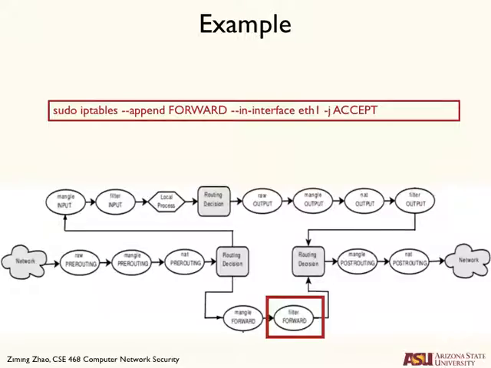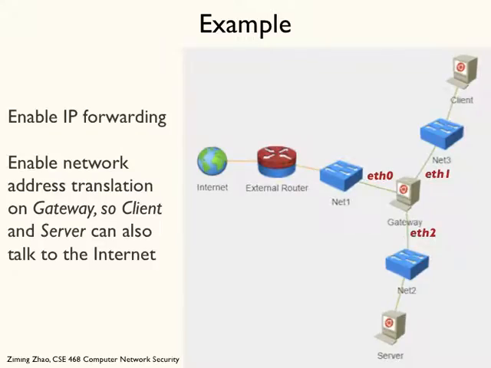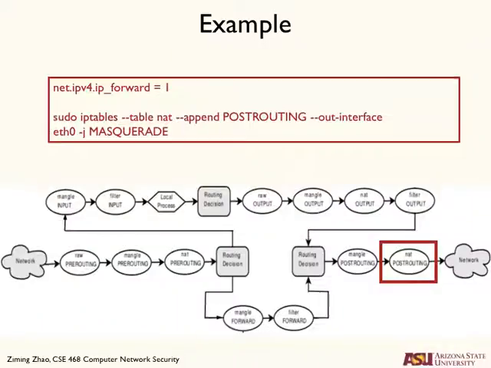So by adding this, any packet coming from port eth1, your system iptables will decide to accept it. So it will keep moving to the next chain, and it will be translated by the network address translation table. So after doing this, the client will be able to access the internet.